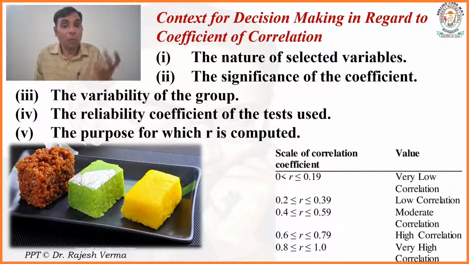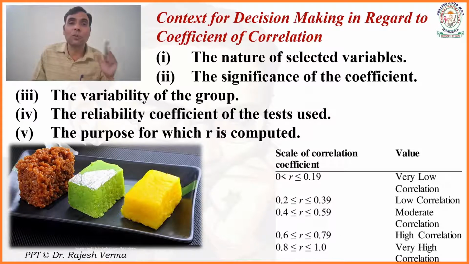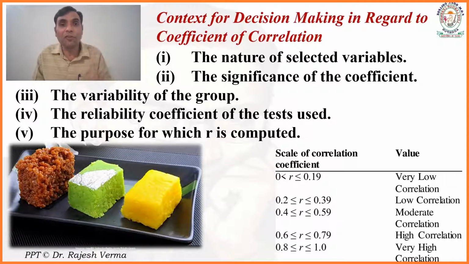And finally, for what purpose is the product-moment r computed? So before making a decision based upon the coefficient of correlation, these 5 criteria are to be considered by the researcher to make the interpretation and the informed decision as objective as possible.